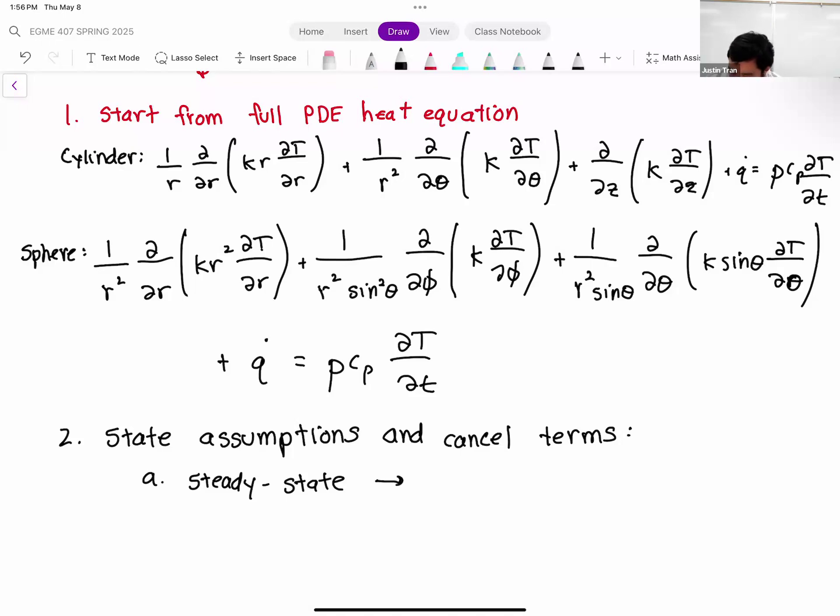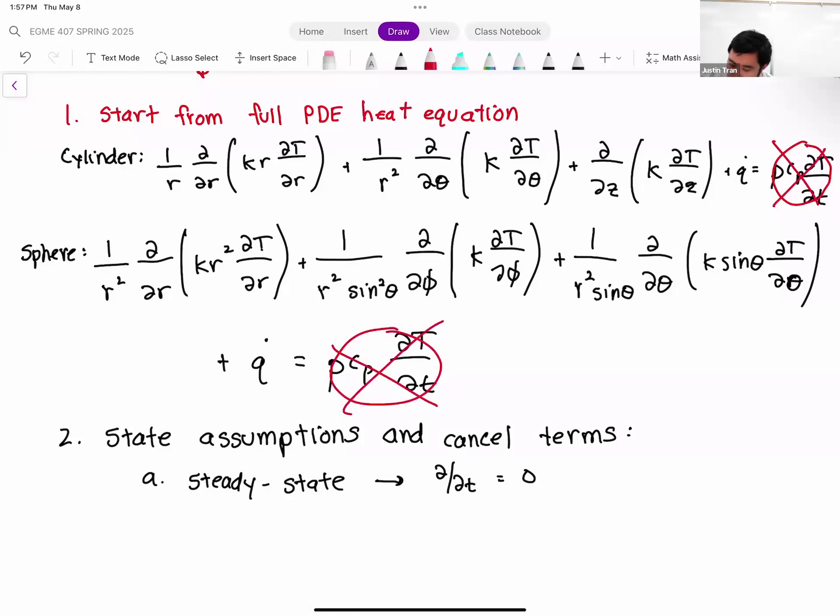Under the steady state assumption, any derivative with respect to time is going to be equal to 0, so partial t is equal to 0. If you look at our two heat equations, one for the cylinder and one for the sphere, we have a time derivative term in both.